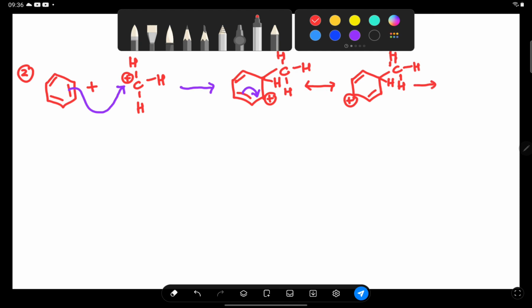Then another type of resonance, this electron moves here. When this electron moves here it will be positive because it lost its electron. Positive here.